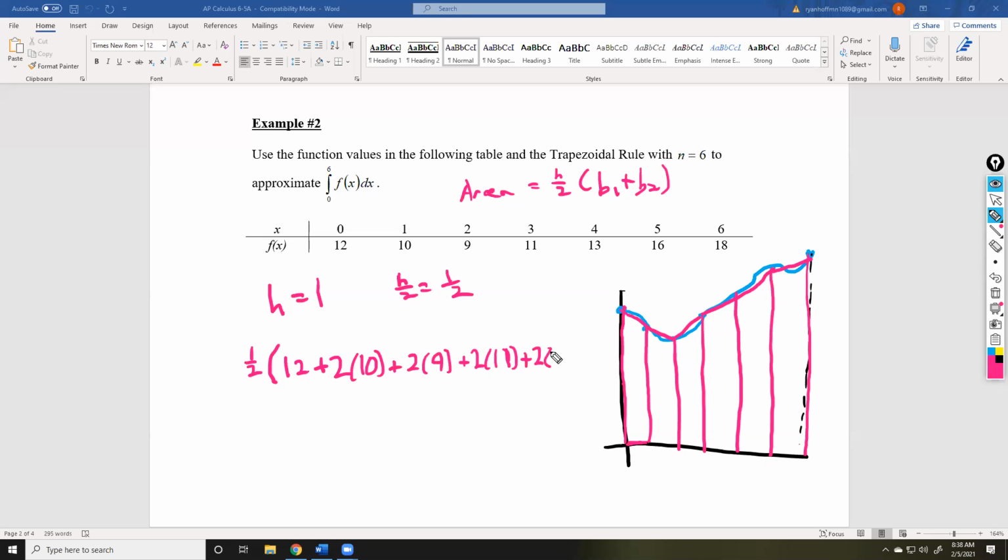So on the homework, when you come across ones when they aren't evenly spaced, you're going to have to think of it just as a trapezoid formula. 2 times 16 plus only 1 18. So the only ones that don't have the 2 out in front are the first endpoint and the last endpoint. So that is what the sum looks like.